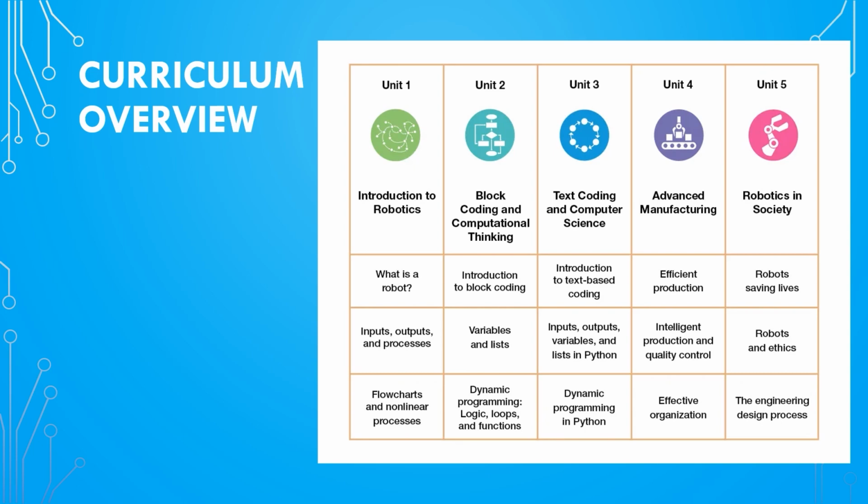And then lastly, in Unit 5, the students are going to be learning about robotics and society. So they're going to be learning about how robots are used to save people's lives in disaster situations. There's a really cool project in that unit where the students are going to be learning how to attach the color sensor to the end of their Dobot robotic arm and treat it like it is a rescue helicopter out on the ocean.